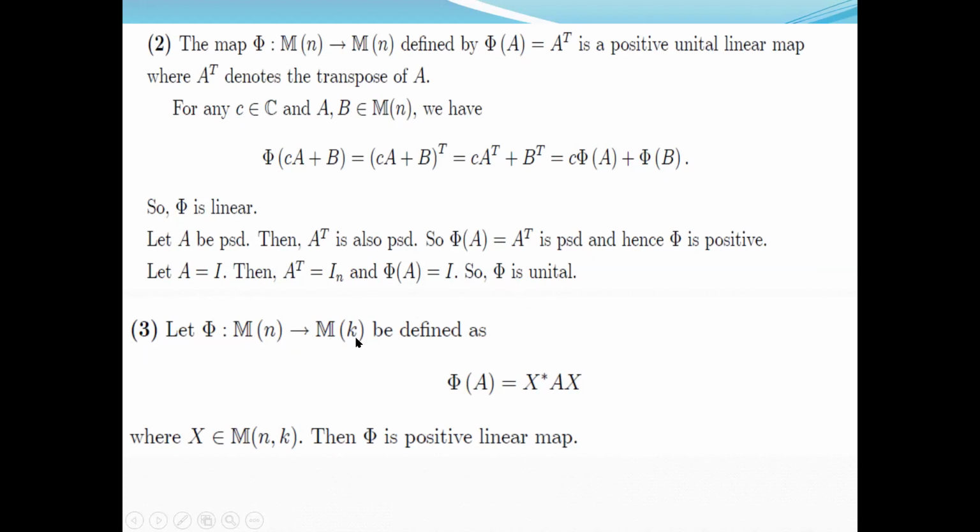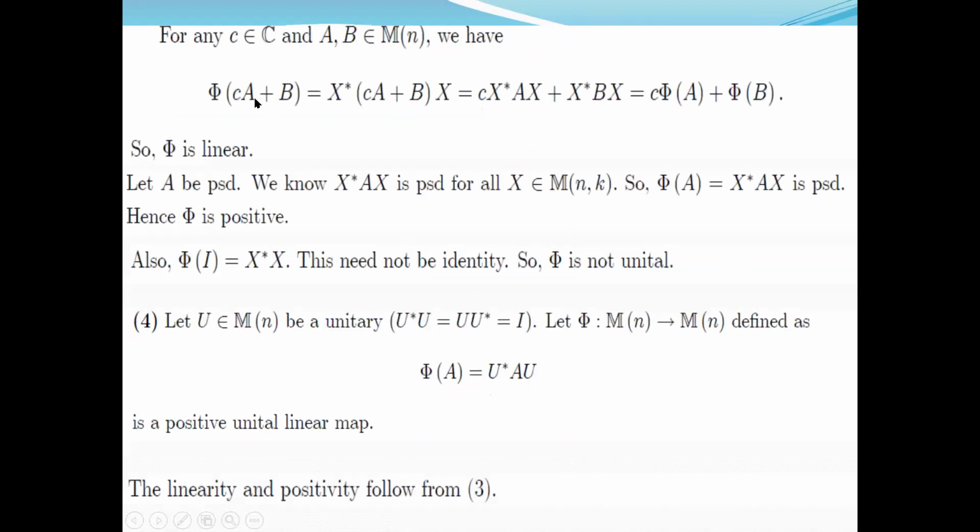Let phi go from Mn to Mk. Next example is defined like this: phi(A) = X star A X, where X belongs to M(n,k). Then phi is again a positive linear map. Linearity follows because we can write this as c X star A X plus X star B X, which is c phi(A) + phi(B). So phi is linear. Now positivity follows.